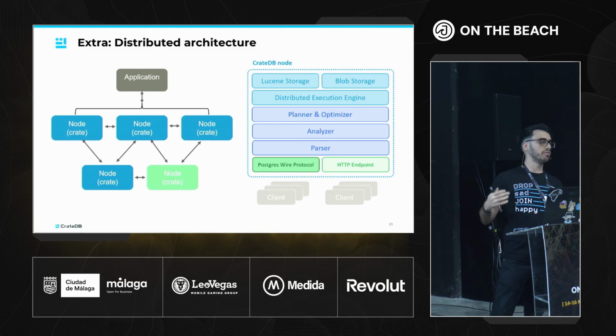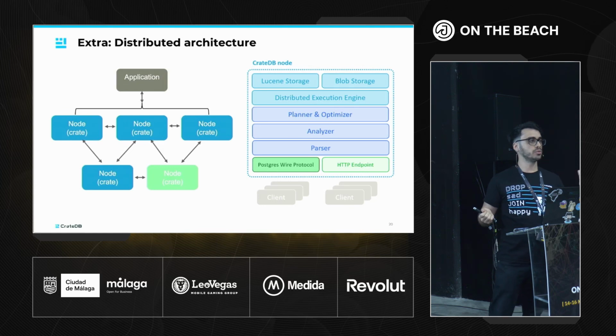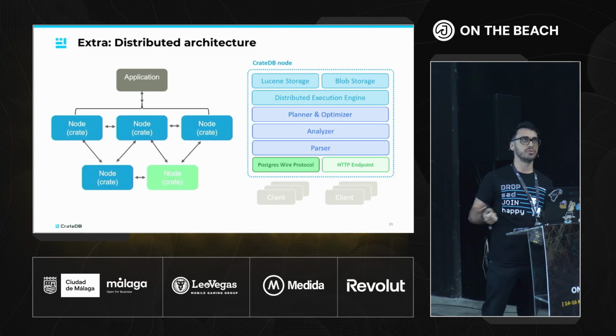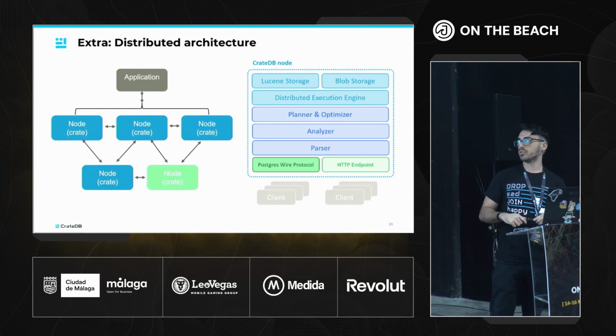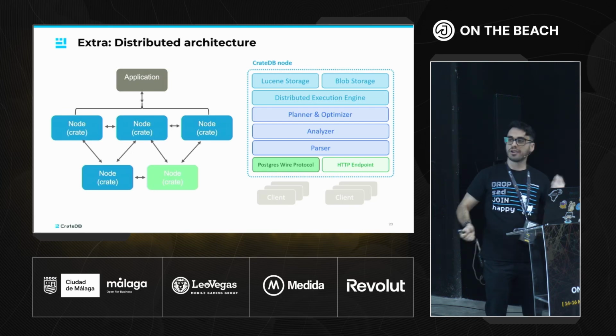If they can communicate, they will form a cluster, or they will elect a master. And that's amazing, because every time you make a query, you make a join, we can split that work across different nodes. And obviously, the more nodes you have, the more you will be able to handle. In the end, you will have more CPU responding to those queries. So yeah, this is the basic anatomy of a CrateDB node.